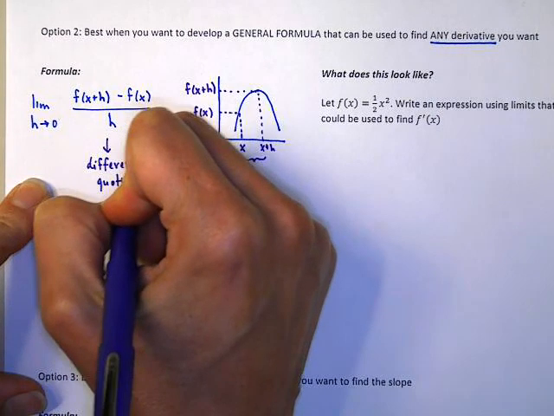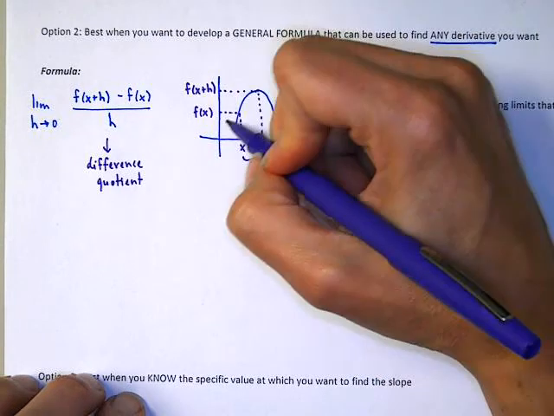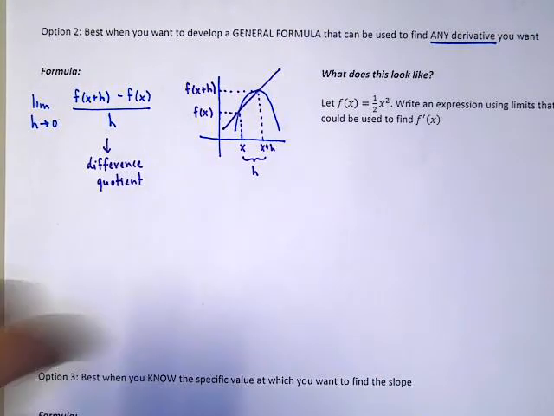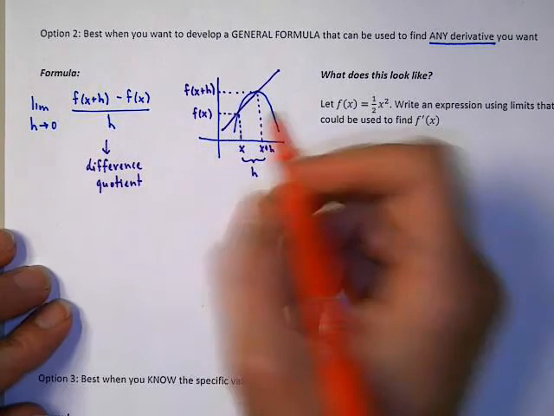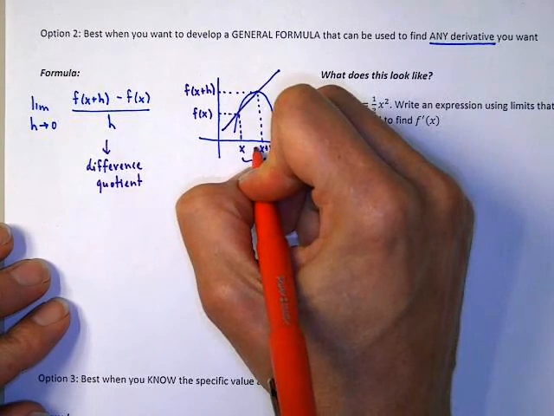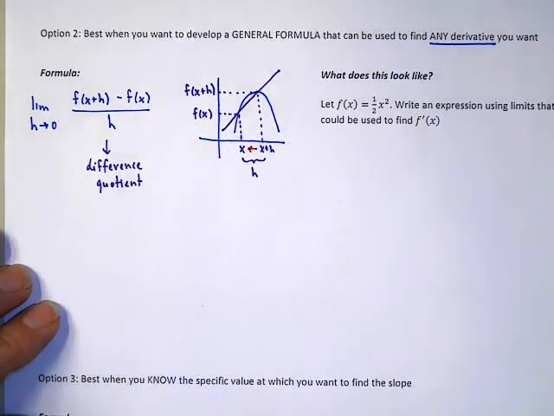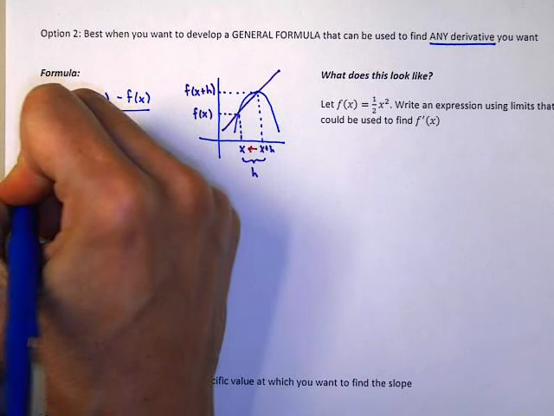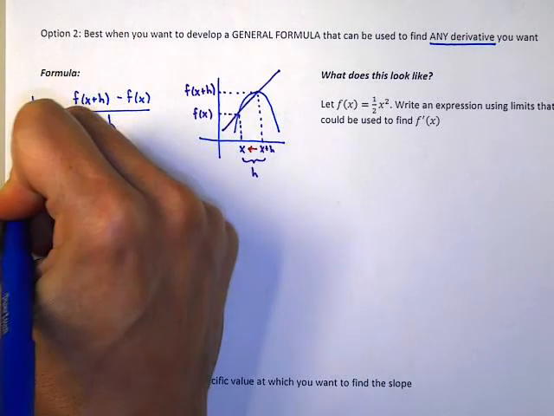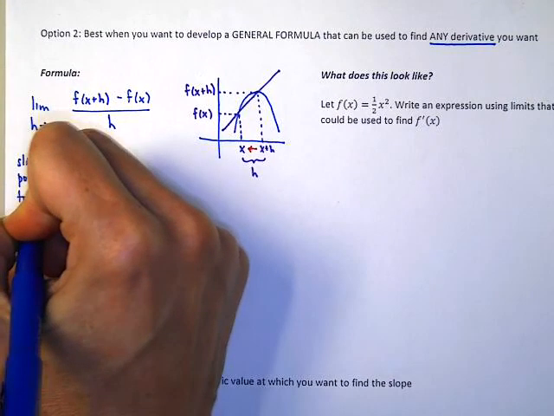But it's still that same idea about finding the slope of our secant line. Now in this case, we're talking about h approaching 0. So in other words, as this x plus h approaches x, h is approaching 0. So again, this part is what's sliding the points together. So same idea, different notation.